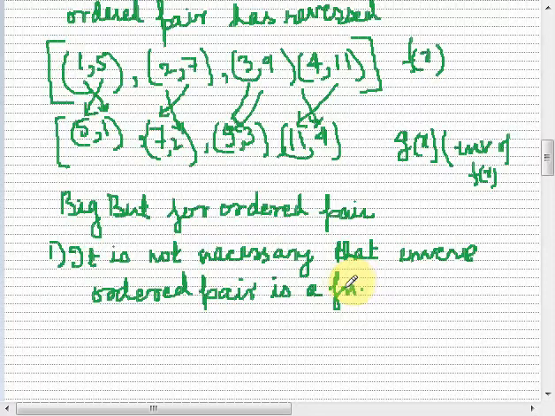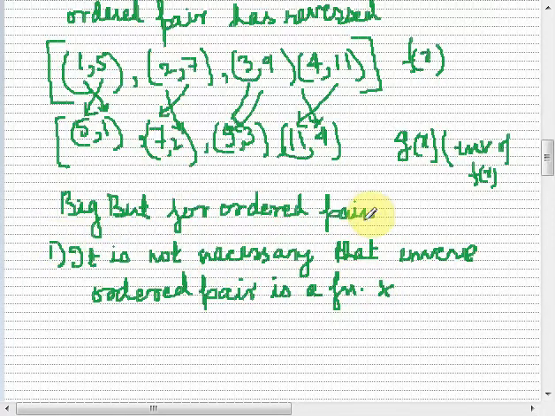What does it mean? Suppose you reverse the order and you try to find that exactly one element in the domain, every element in the domain, is matched to exactly one element in the range. It may not be possible. It may not be the case in every problem. So you have to check this.